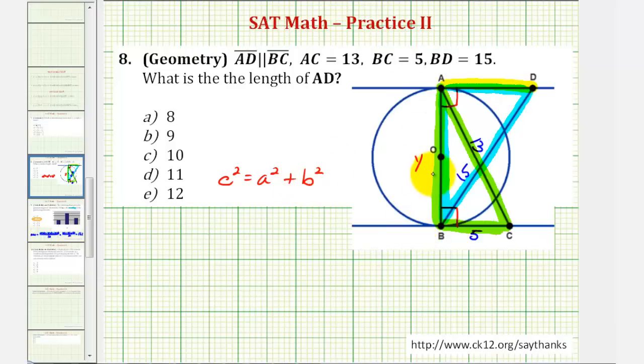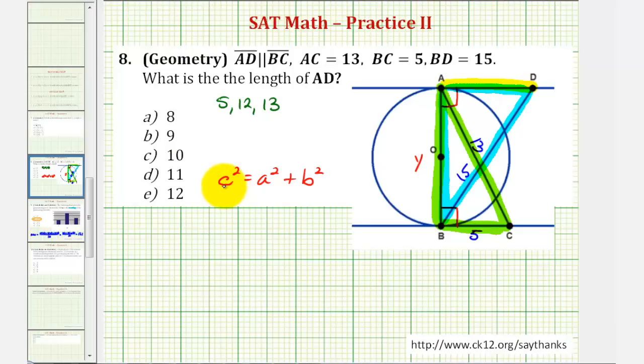But notice how we recognize this green right triangle has a hypotenuse of 13 and a leg of 5. This would be a 5, 12, 13 right triangle using the Pythagorean triples. So the length of y is going to be 12, but just in case we don't recognize this, let's go ahead and show the work.